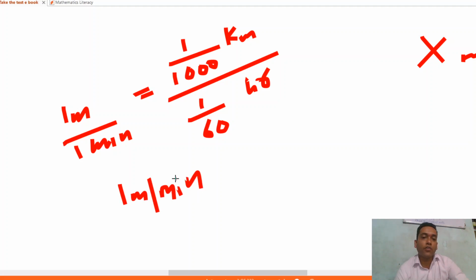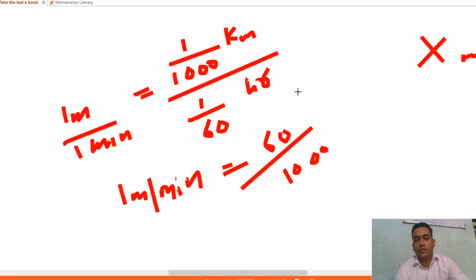First of all I have divided 1 by 1000. So 1 meter is equal to 1 by 1000 kilometer, and then 1 minute is equal to 1 by 60 hours. Now what we can do is take the 60 at the top and 1000 at the denominator. So this is 60 by 1000 kilometer per hour.